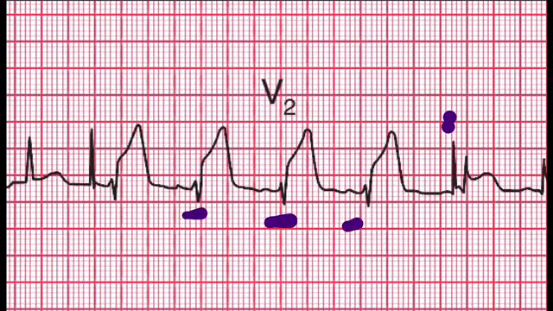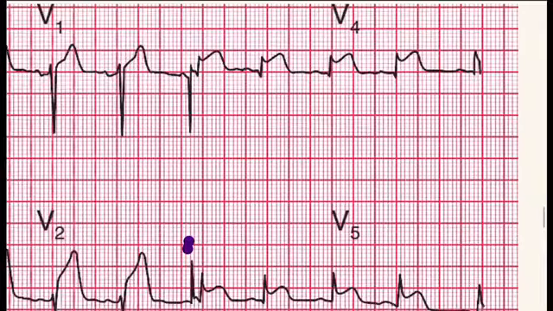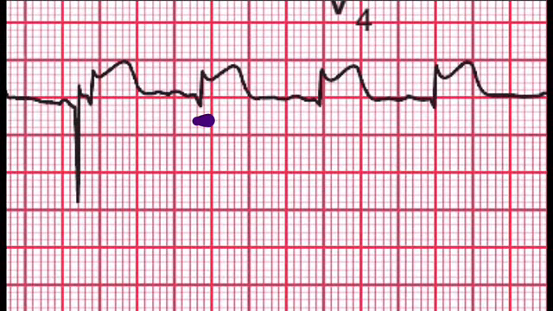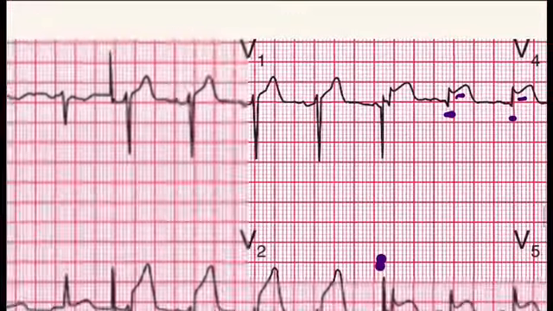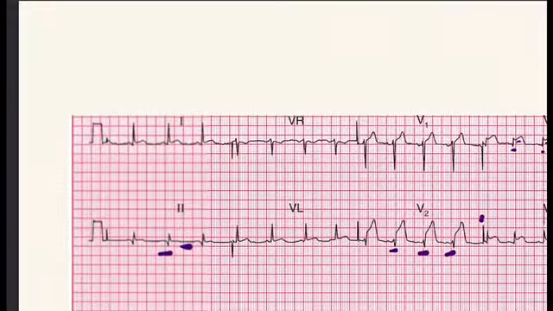Even in the V2 lead there will be a peaked Q wave. V4 is also showing a peaked Q wave, although not that much, but it is showing. Now see here, can you appreciate this? These are the findings. This is the ST segment elevation.